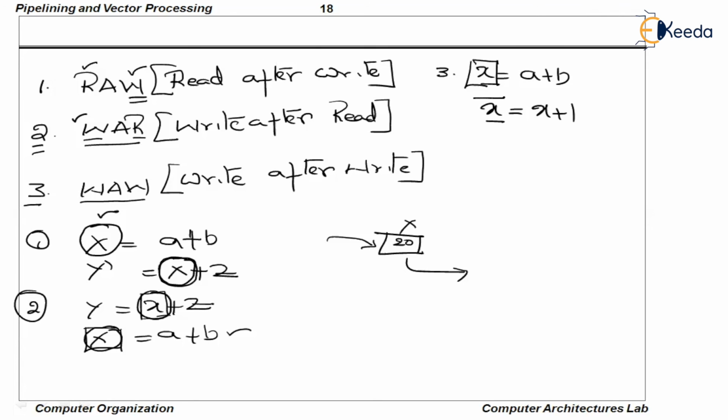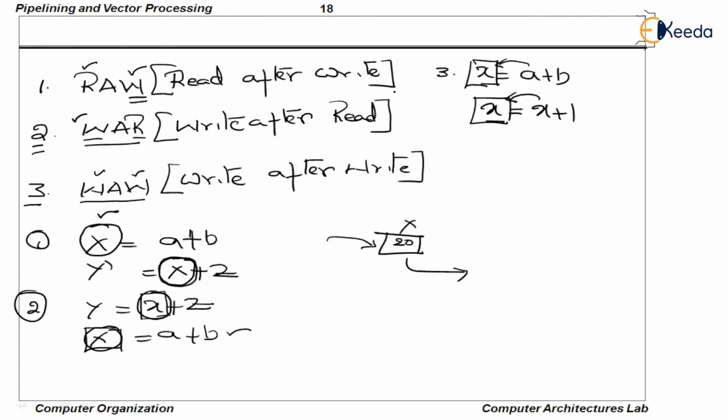The first instruction should write, then only the second instruction will be able to write, right? This is called write after write. The first instruction should finish with writing, and then only the second instruction will be able to write it again. So this is the WAW hazard.